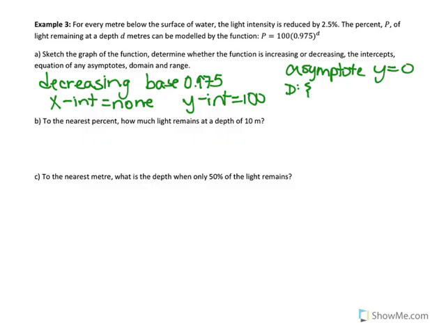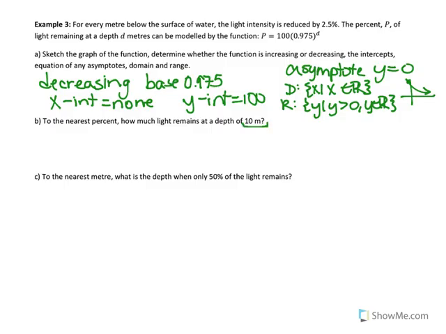The domain is x is an element of the real numbers. And the range is y is greater than 0. And I could also do a quick sketch. It starts at 100 and it gets smaller. It is exponential decay.